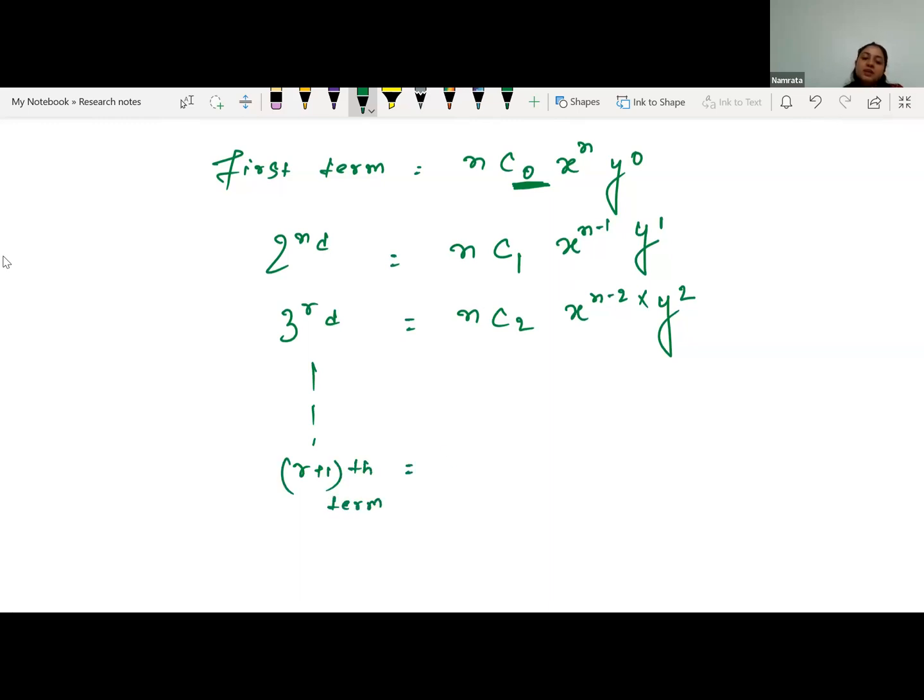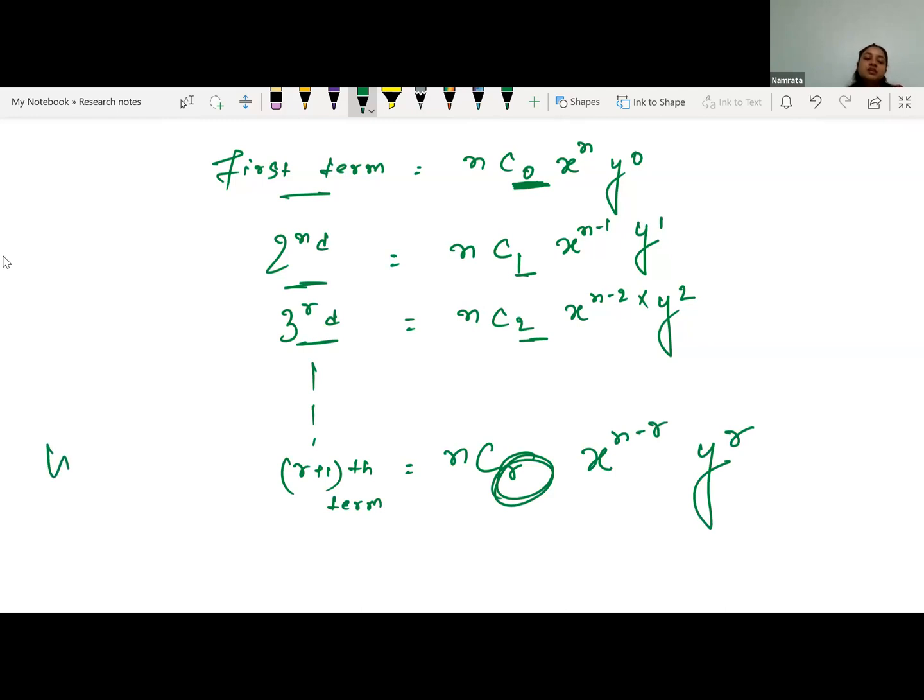Can I say it will be nC with one less, that means only r? Because for the third term it was 2, second term it was 1, first term it was 0, so for the (r+1)th term it will be only r. And x to the power n minus r, y to the power r. Can we say that? Yes, ma'am.